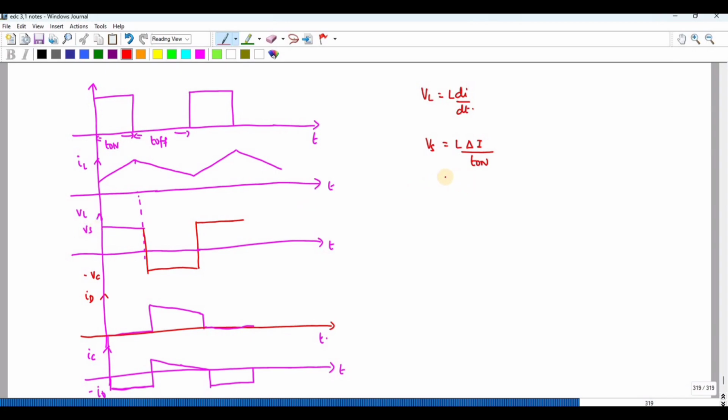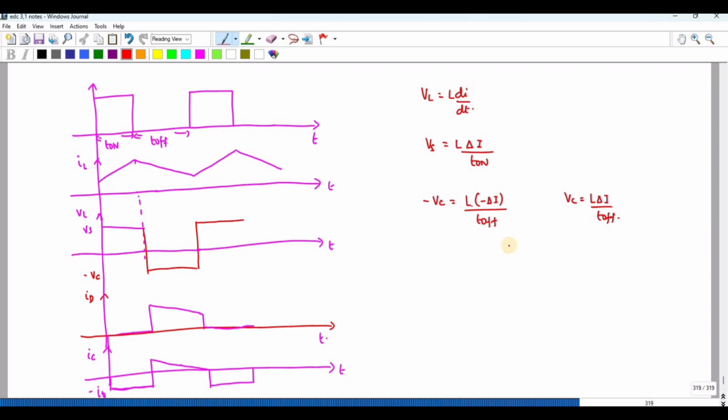So what is the value of VL when it is off, during the T off time? It is minus Vc, and this del I is decreasing, so I can write this as minus del I. So I can write Vc is equal to L di divided by T off.